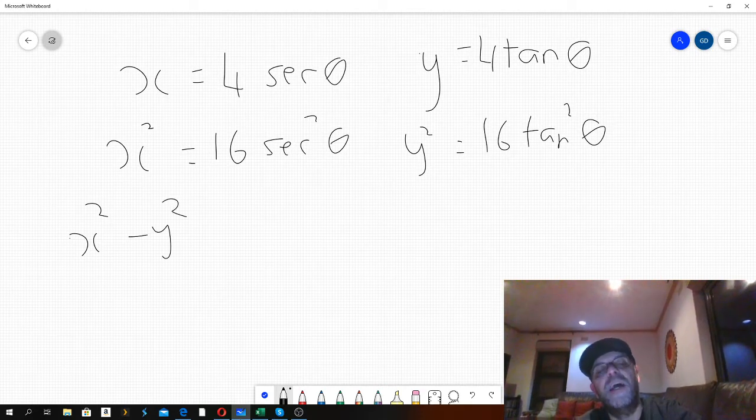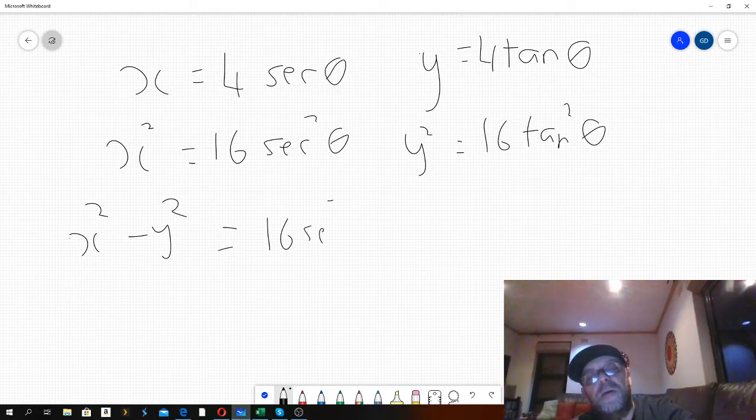I'm just looking at the identities and seeing how they operate together, and I can see there is one identity that has tan squared and sec squared. So I can write 16 sec squared minus 16 tan squared.